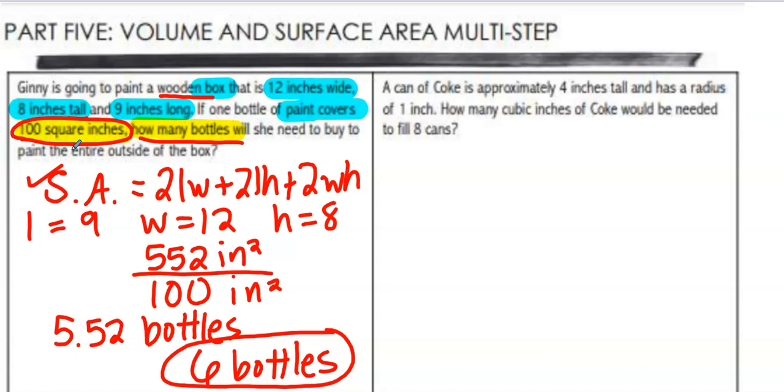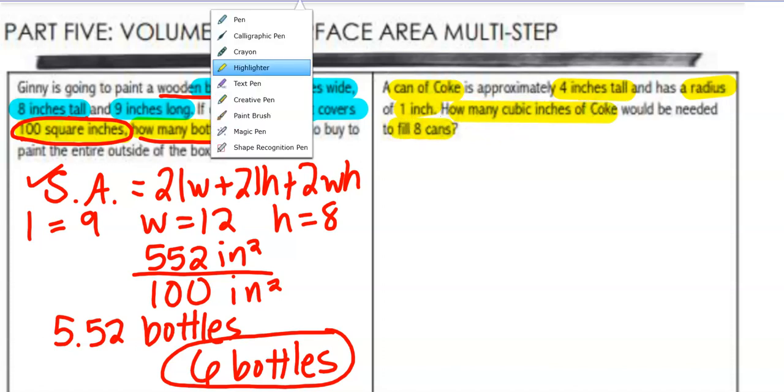All right, the next one, we're looking at a can of Coke. That's a cylinder. And we know that the height is 4 inches and the radius is 1 inch. And the question is, how many cubic inches of Coke would be needed to fill 8 cans?